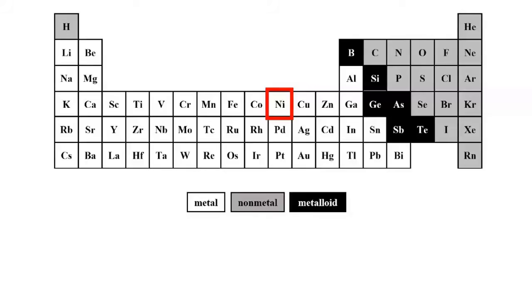Hydrogen is also a nonmetal. So the vast majority of the elements in the periodic table are classified as metals. Potassium, titanium, manganese, iron, and of course nickel is definitely an example of a metal.